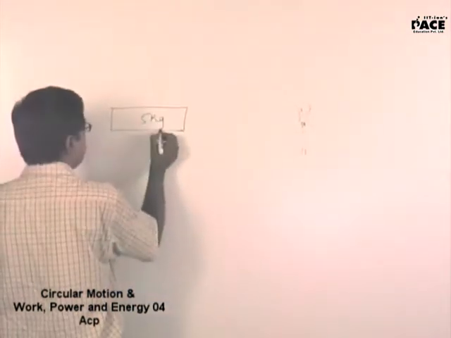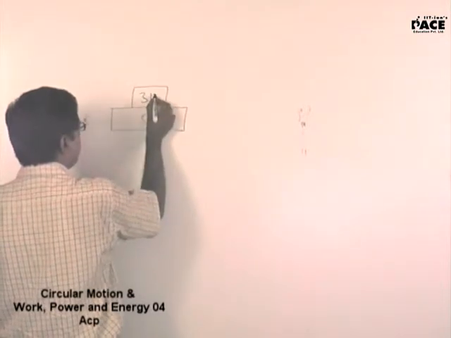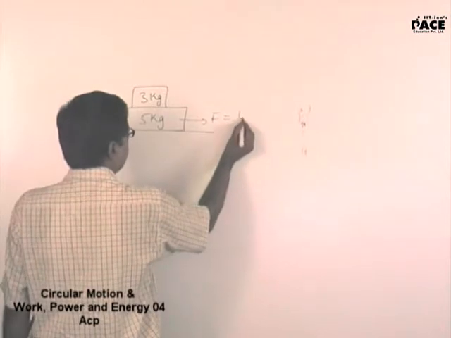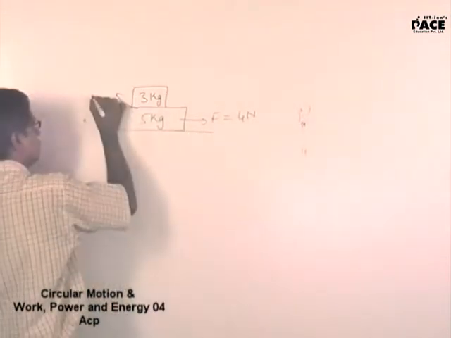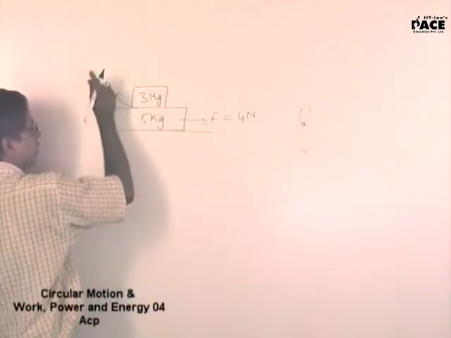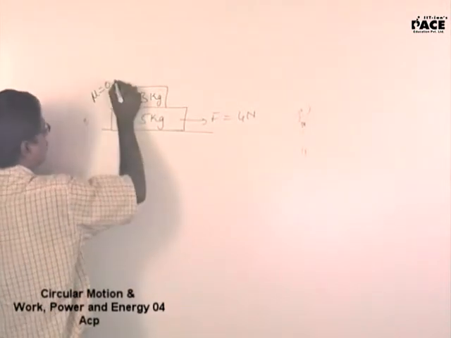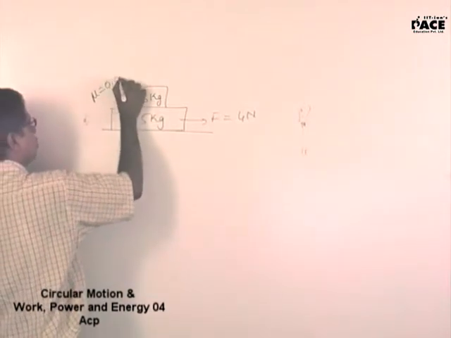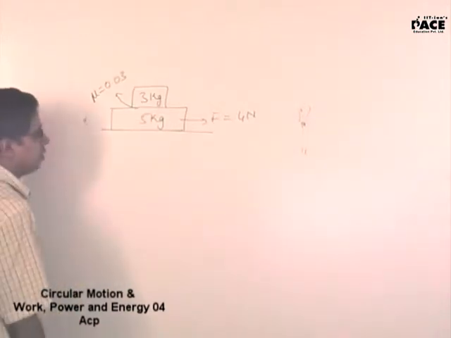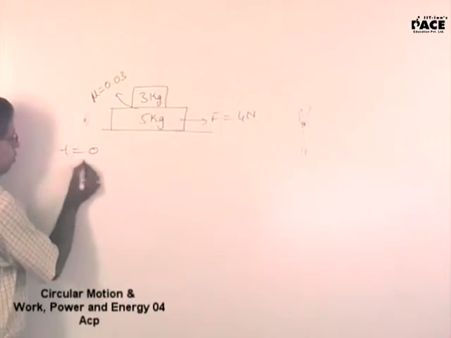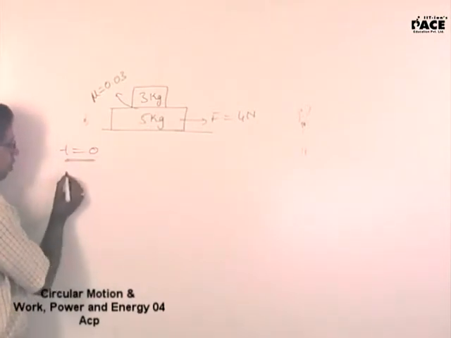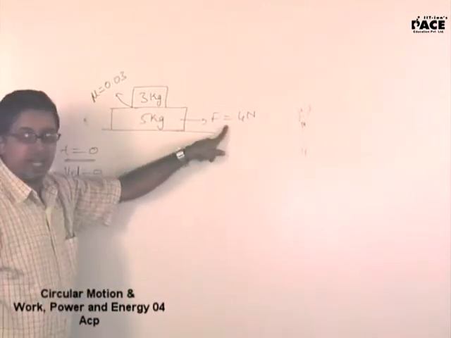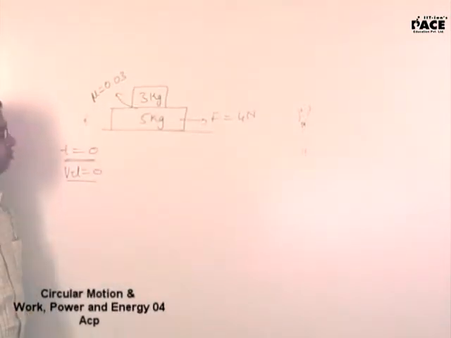This is a 5 kg block and this is a 3 kg block. I am pulling this with a force of 4 Newton. The coefficient of friction here is 0.03. At time t equal to 0, velocity is 0.